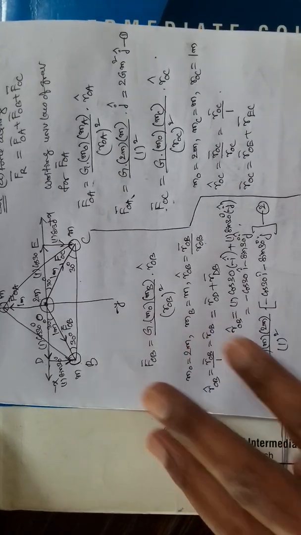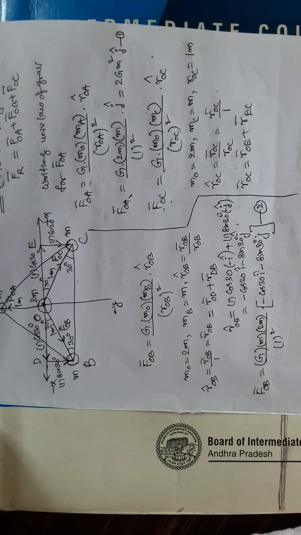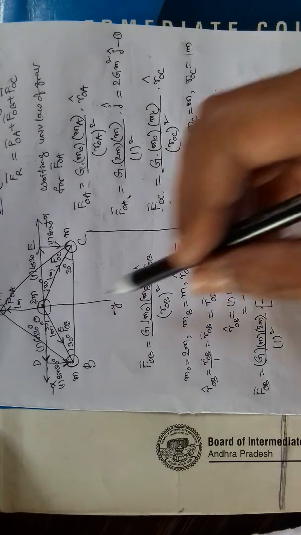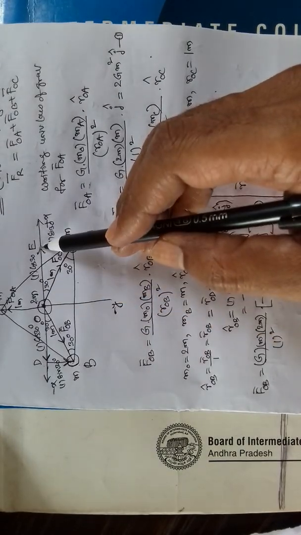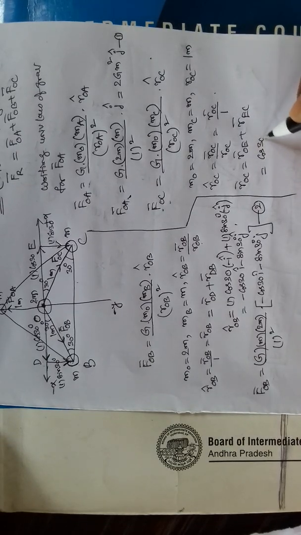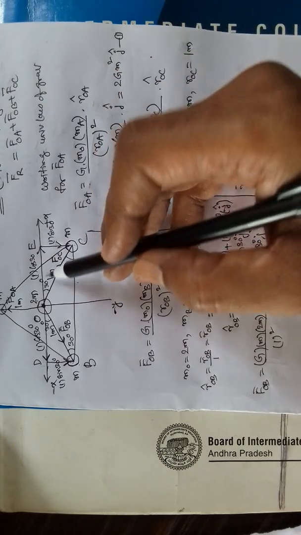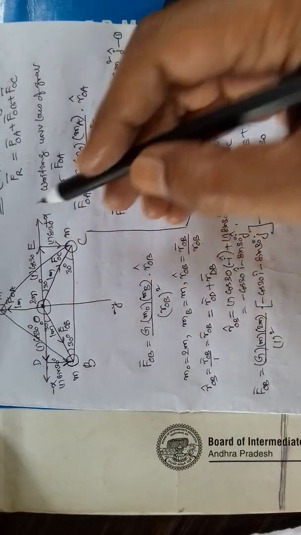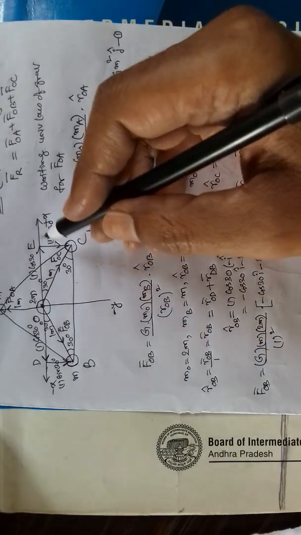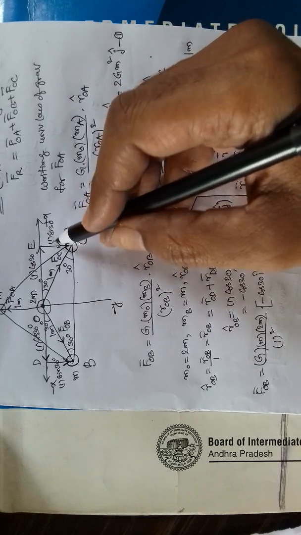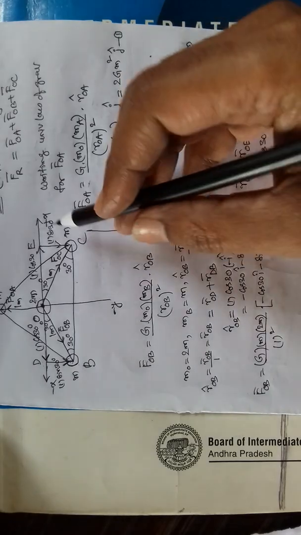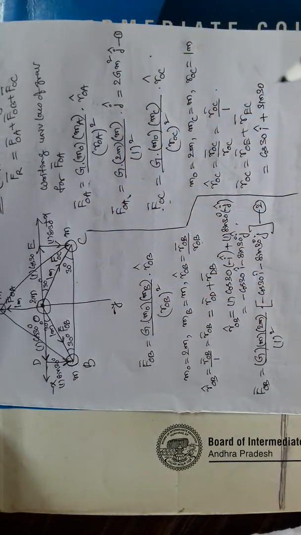Now ROE is 1 cos 30, that is cos 30, and the direction is in the positive x-axis direction, therefore i, plus REC downward, and here the magnitude is sin 30 and the direction is along the negative y-axis, therefore minus j.